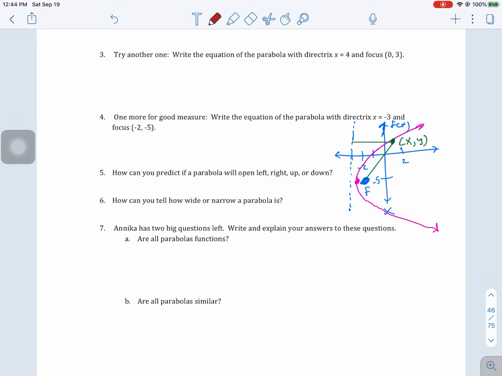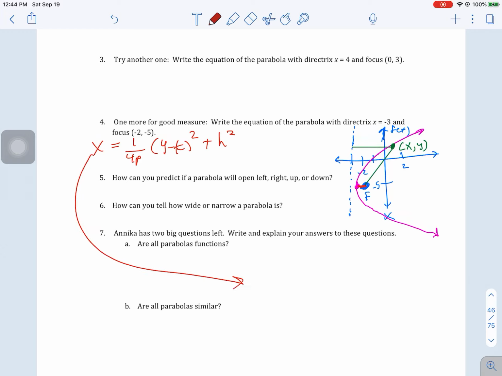F minus V is P. So on this one, we could say x is equal to 1 over 4p times y minus k squared plus h. This is the general form for a horizontal parabola. I notice that p is equal to 1.